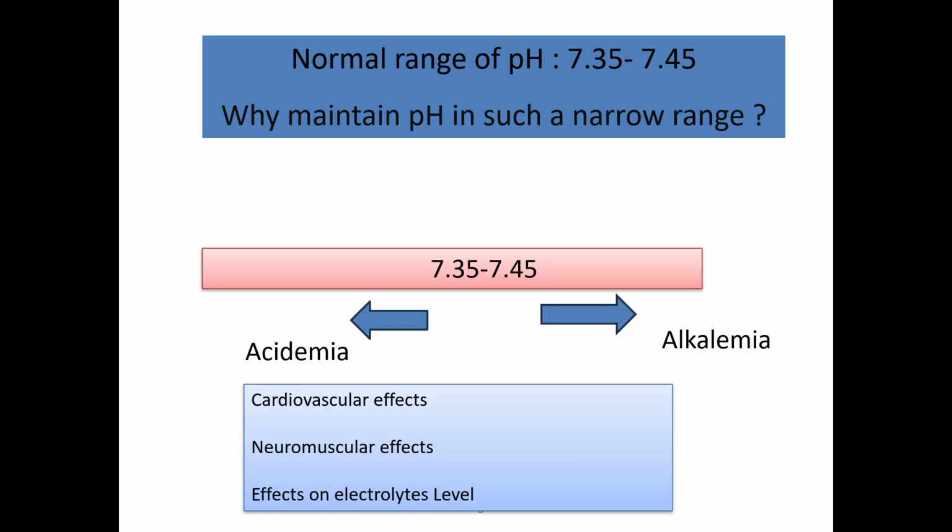Similarly is the case with alkalemia, where a patient with severe alkalosis may have seizures, and neuromuscular effects. Low CO2 can cause vasoconstriction of the cerebral vessels and effects on electrolytes. So the body has various compensatory mechanisms to keep the pH in the range of 7.35 to 7.45. Anything less than 7.35 is acidemia, anything more than 7.45 is alkalemia.